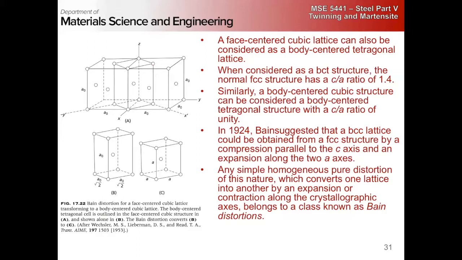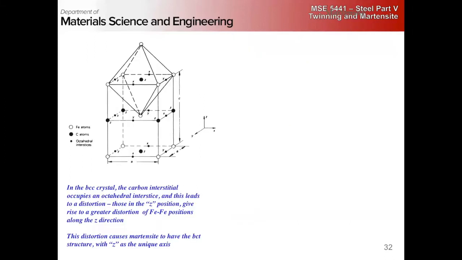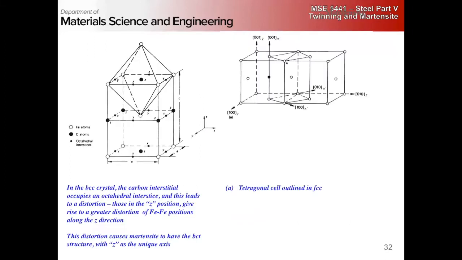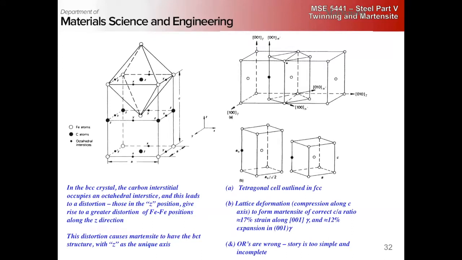By doing compression along the C-axis and simultaneous expansion along the A-axis, you can end up with a BCC unit cell. The problem with the Bain distortion is that it doesn't predict the correct orientation relationships, and it doesn't give you an invariant plane, the habit plane of the Martensite.